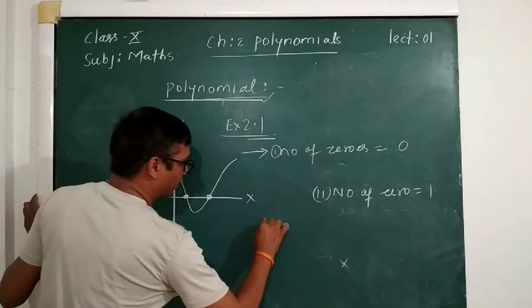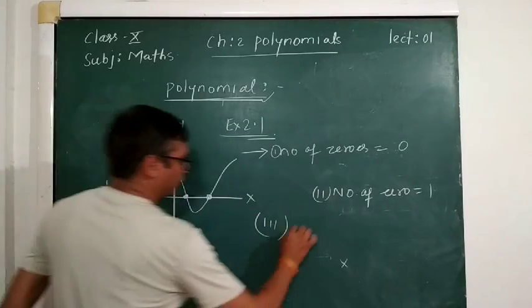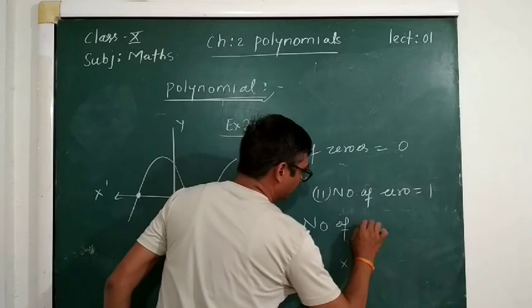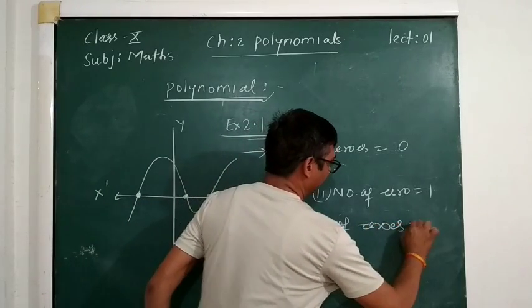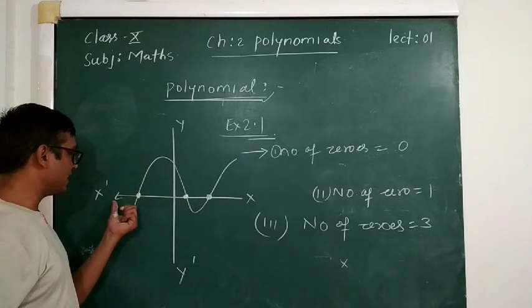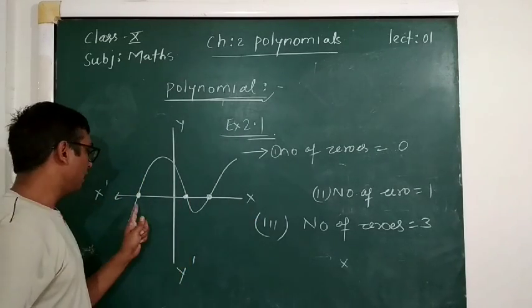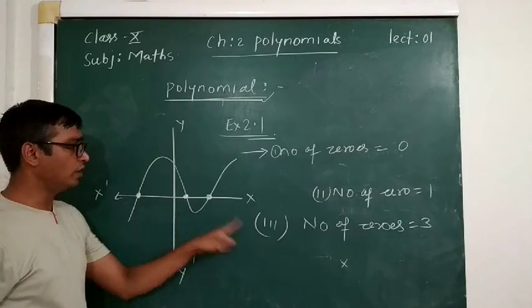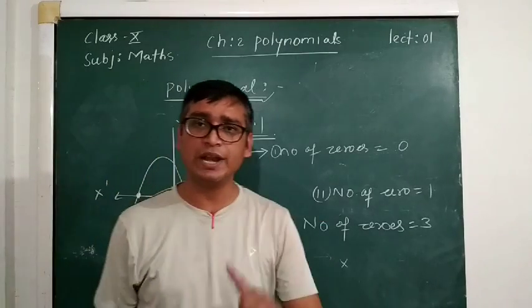So what is the number of zeros for this third? So you will write number of zeros is equal to 3. Why will we write 3? Because this curve cuts the x axis at 3 points. So number of zeros will be 3.